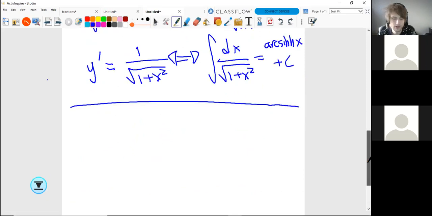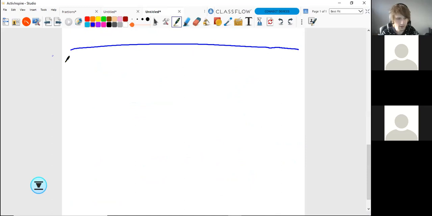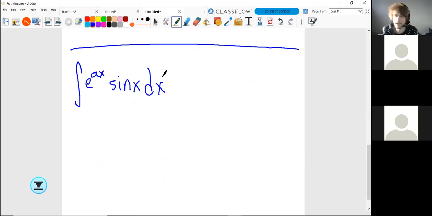All right. Then let's talk about an important formula that we'll use later when we're summoning the gamma function. Let's find an antiderivative of this integral. And so let's use integration by parts.